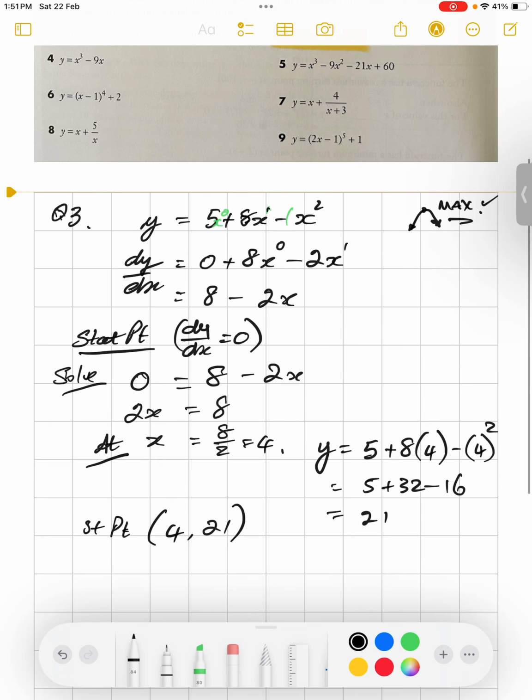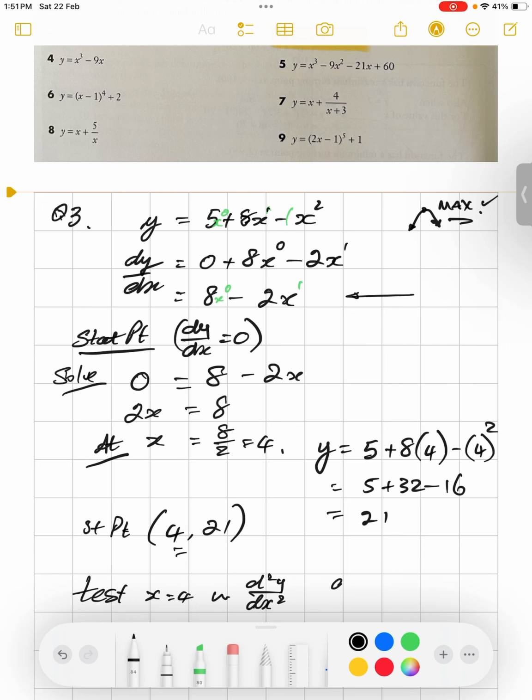We now substitute that into our second derivative. We substitute x equals 4 into d2y dx squared, and d2y dx squared is, now there's the derivative, that's the first derivative, so it's 8x to the power of 0 minus 2x to the power of 1.